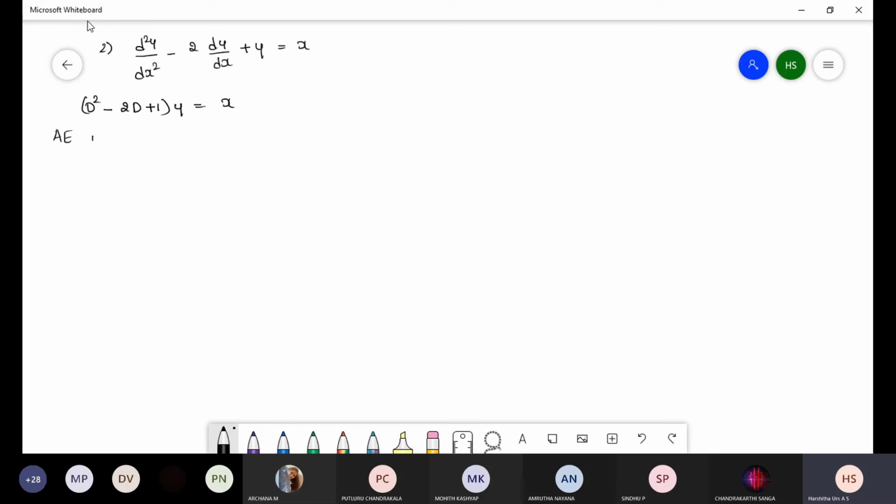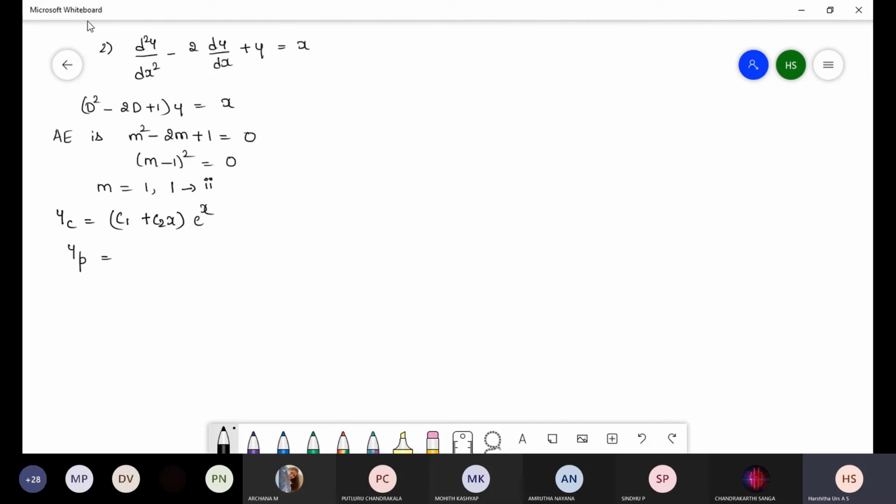Again the auxiliary equation is m square minus 2m plus 1 is equal to 0. It is in the form (a minus b) whole square. So here we get m is equal to 1, 1. This comes under case 2. So yc is equal to (c1 plus c2 x) into e power x.